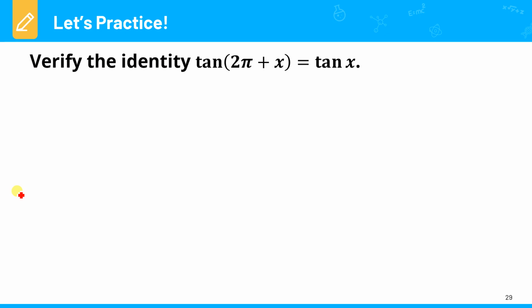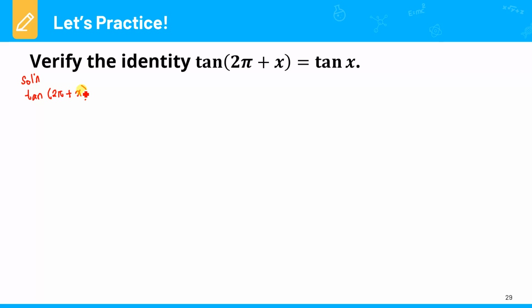So we are going to transform the left side because the angle is in the form of a sum. So for our solution, we are going to use the left side, which is tangent of 2 pi plus x.